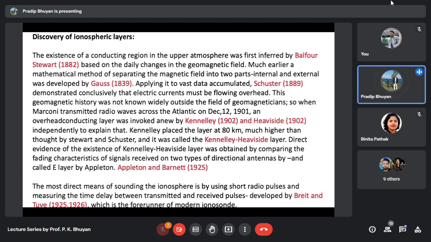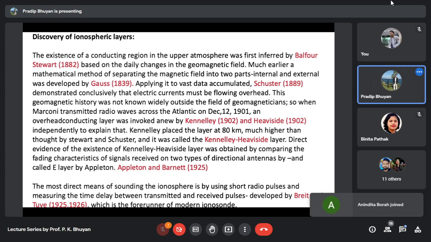So when Marconi came up with that revolutionary experiment, people were trying to explain, and it was already in the domain of knowledge that there may be something above the Earth's atmosphere.